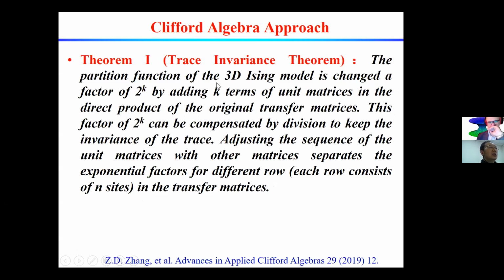The partition function of the 3D Ising model is changed by a factor of 2 to the power k by adding k terms of unit matrix in the direct product of the original transform matrix. This factor 2^k can be compensated by division to keep the invariance of the trace.